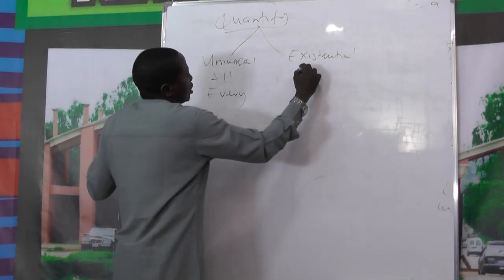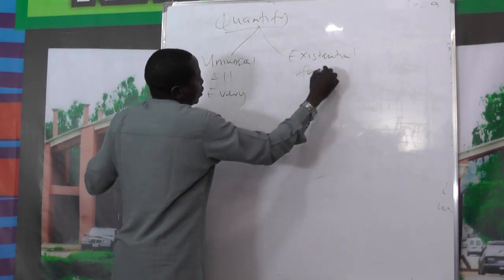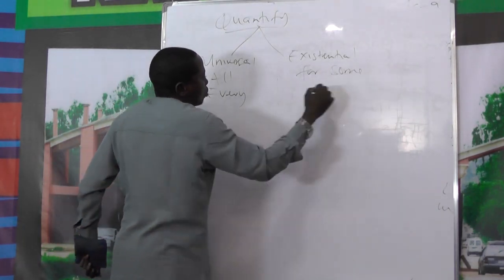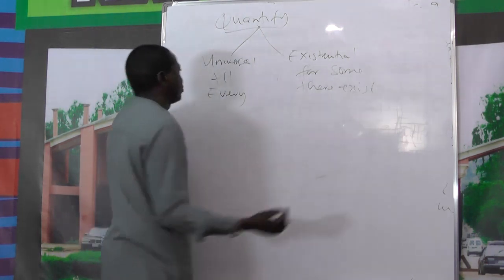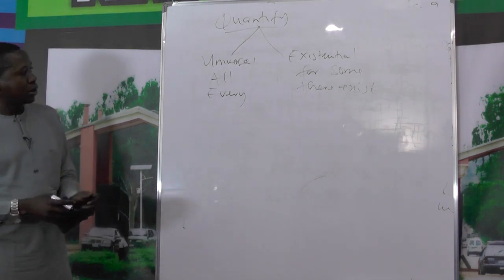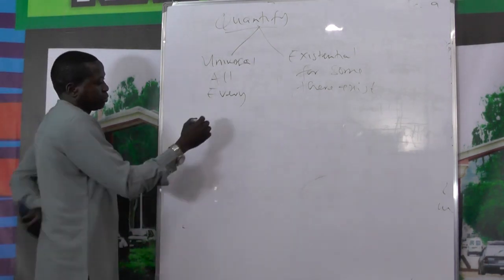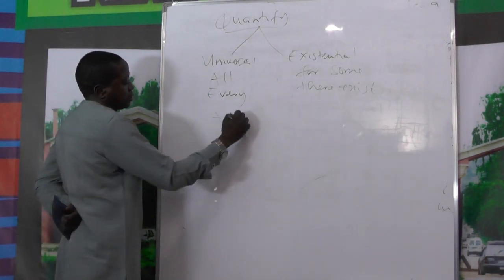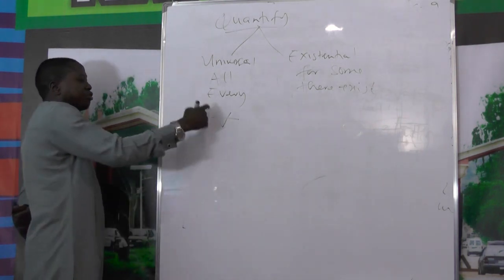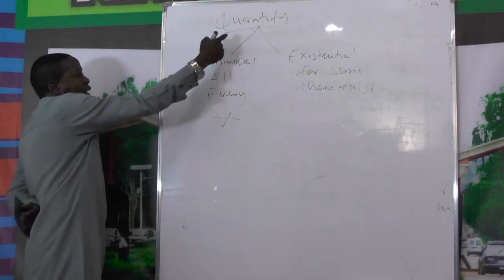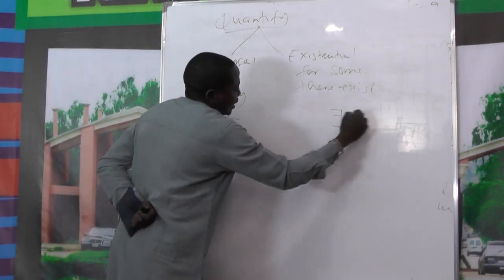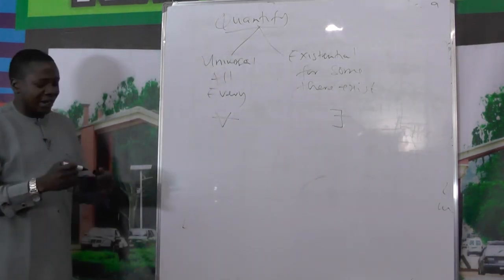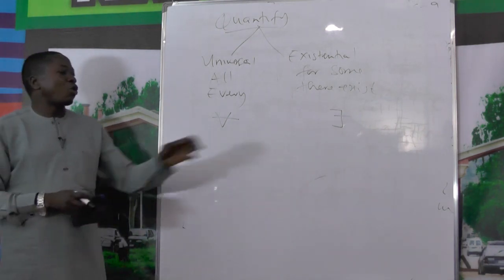This one we are using for some, or there exists. It is not all again. This symbol means for all, the universal quantifier. And this one means there exists, the existential quantifier.